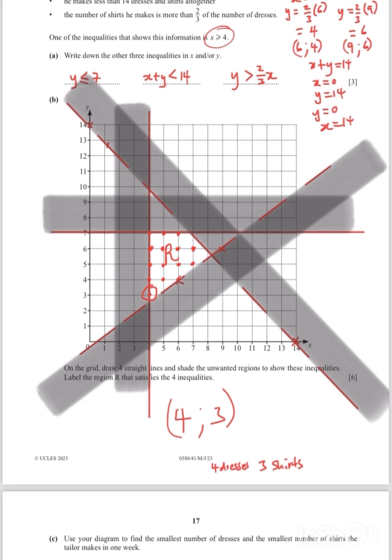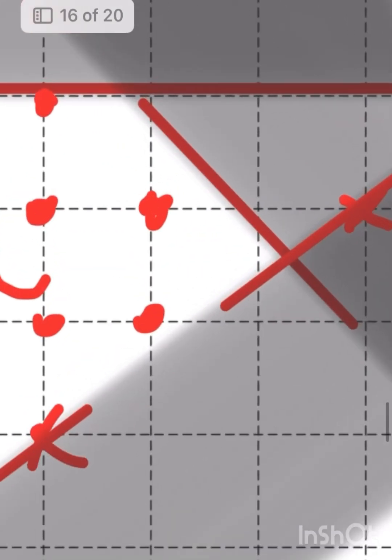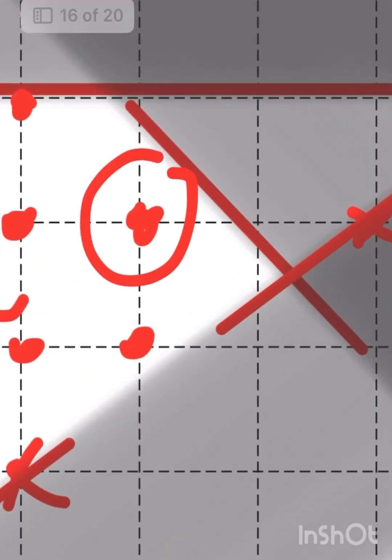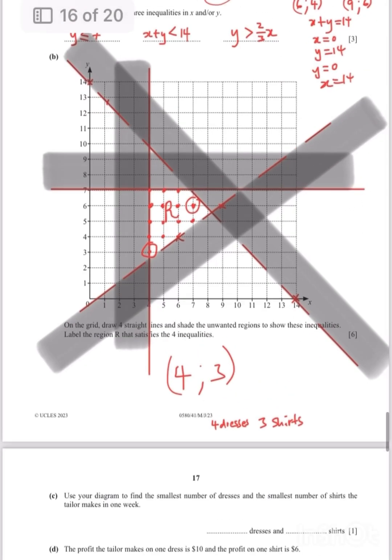So the largest profit, we actually find it on noting the coordinates that we need. So the largest coordinates that we need actually is a 7 and a 6. That's this value, which is the one which will bring the largest combination.